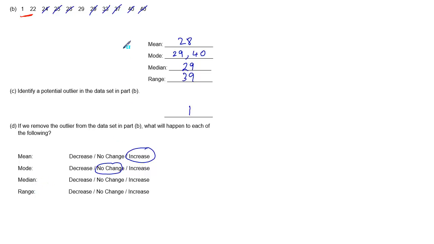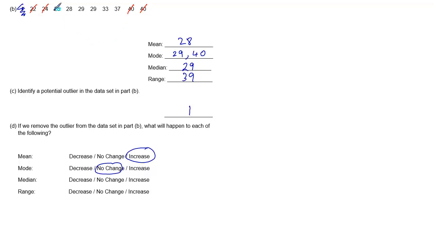For the median, will that change? Well, we might need to look further at that one. So what we're going to do is take the 1 out of the data set and then we can cross off from each end in the normal way. And I missed that one. It's easy to make a mistake.